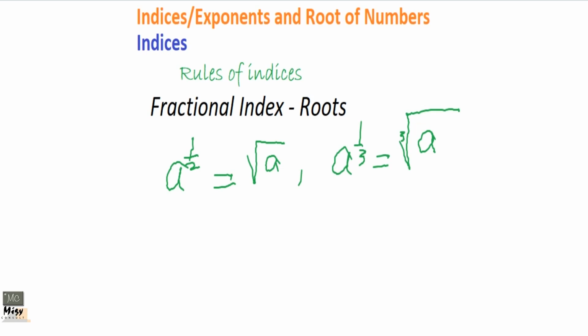As we move on, we'll learn how to take off the roots and all of that. So let's take it that you have the 8th root of b. The 8th root of b can be written with 8 here, or we can write b raised to the power 1 over 8.